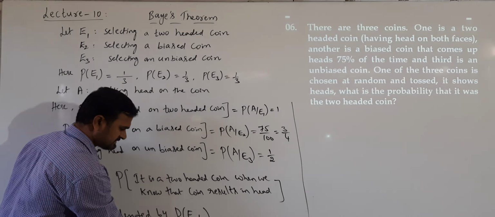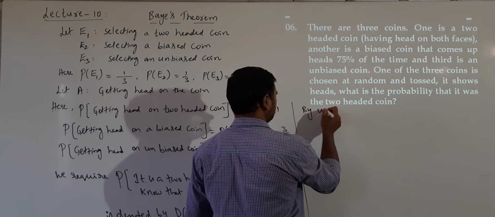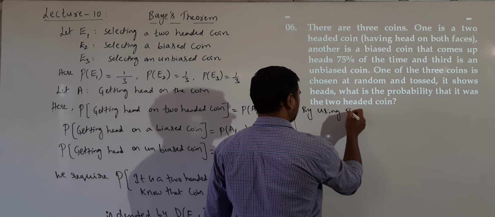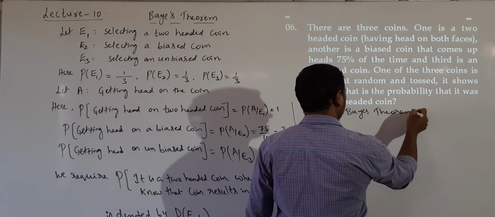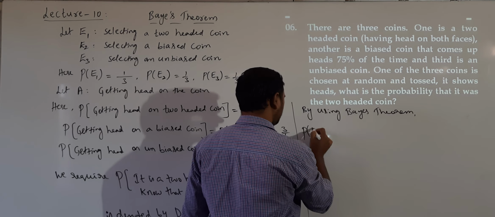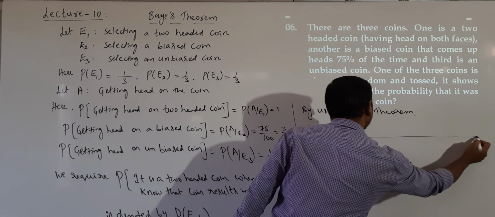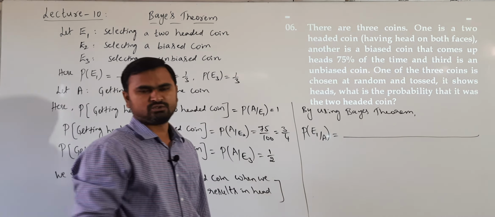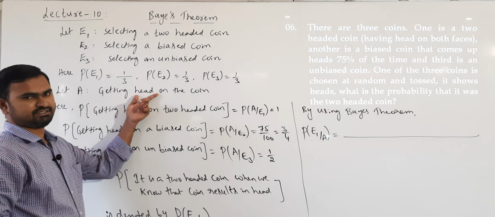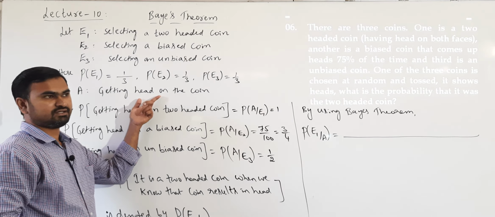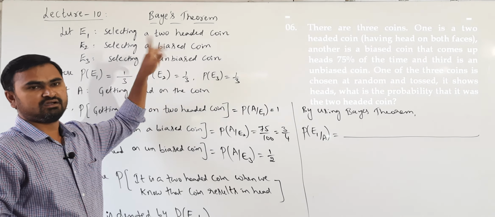So how do you find P of E1 given A? By using Bayes theorem. How can you write probability of E1 given A? First we write the denominator, that is the total probability. Now, total probability of occurrence of head. Where can we get head? In the first case we can get head, in the second case also, and in the third case also.